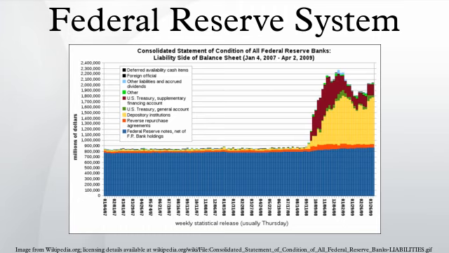The U.S. Congress established three key objectives for monetary policy in the Federal Reserve Act: maximum employment, stable prices, and moderate long-term interest rates. The first two objectives are sometimes referred to as the Federal Reserve's dual mandate.